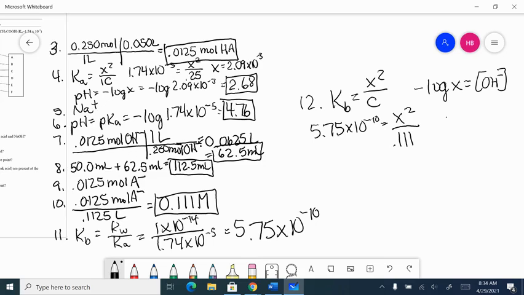So I'm going to solve for x now. And I get 7.99 times 10 to the minus 6. So negative log of x gives me 5.10.